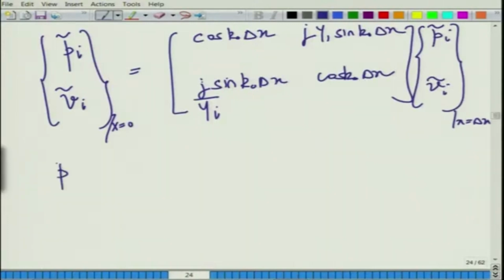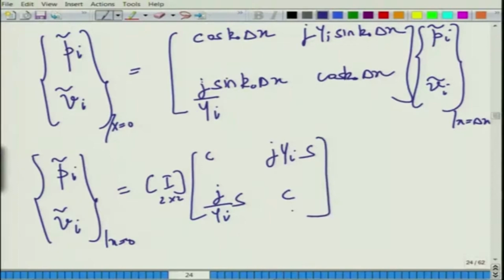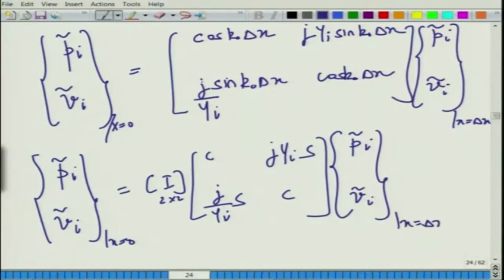We will get P I V I at x equal to 0, times the identity matrix, times this particular 2 cross 2 matrix: cos, j sin over y I, sin, cos, at x is equal to delta x.